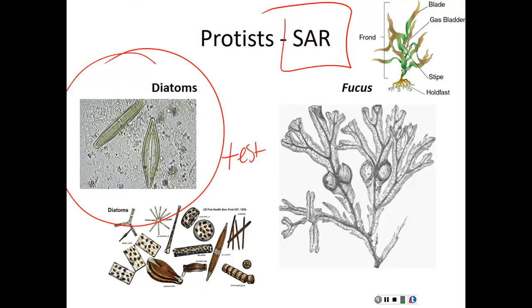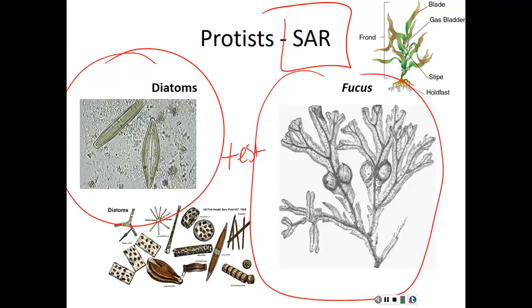Also, within the SAR, another organism that we might call brown algae is this organism right here. We looked at a couple different brown algae. One of the things you need to know about this is these are the only group within the protists that are all multicellular.